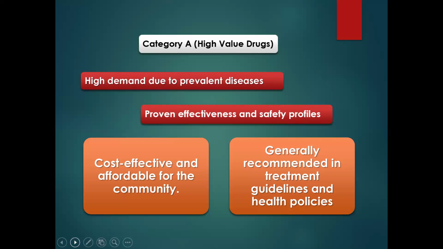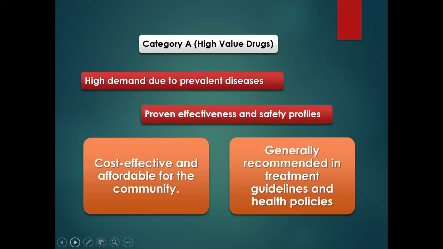For example, if diarrhea is going on, one of the A category drugs should be ORS and zinc, because these drugs are needed at a high level due to the prevalent or endemic nature of diarrhea in that community.